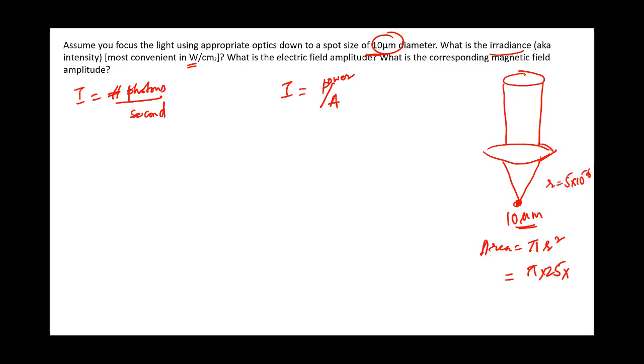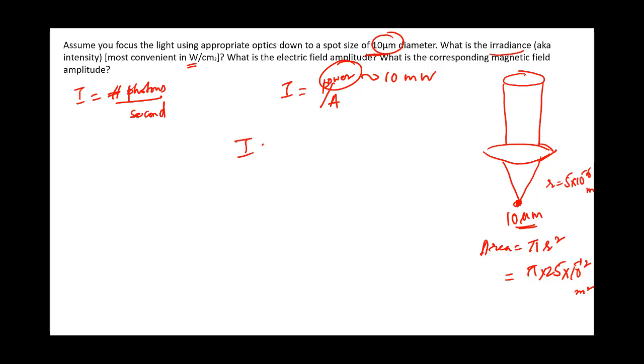A micron is 10 to the power minus 6 meters. So r squared would be 25 times 10 to the power minus 12 meters squared. That's the area, and the power is 10 milliwatts.